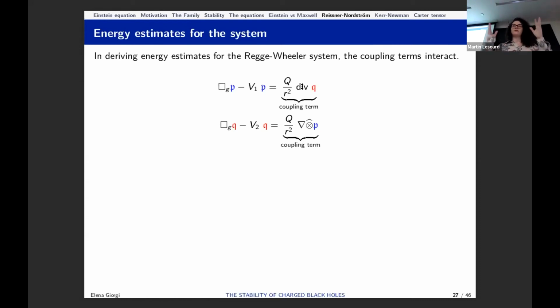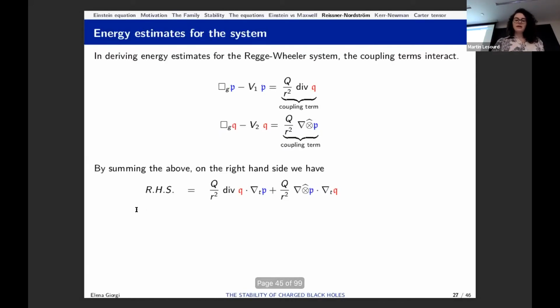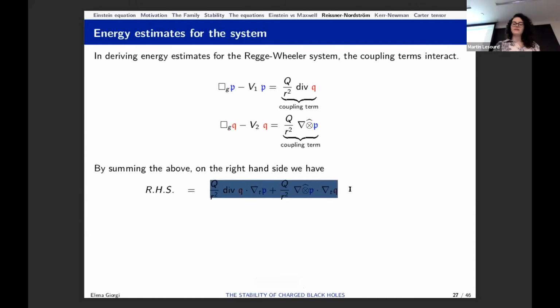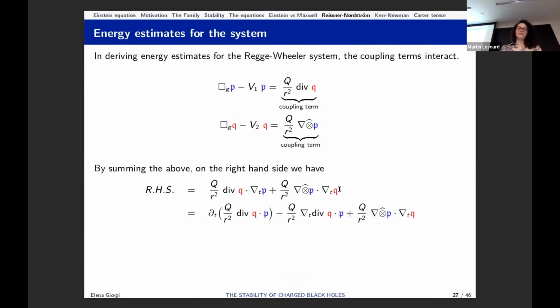So if you multiply the first equation by nabla t of p and the second equation by nabla t of q and sum them, then on the right hand side you obtain a term given by the divergence of q dotted with nabla t of p, and then a term given by the angular derivative of p and nabla t of q. And what you can do is integrate by parts in t.